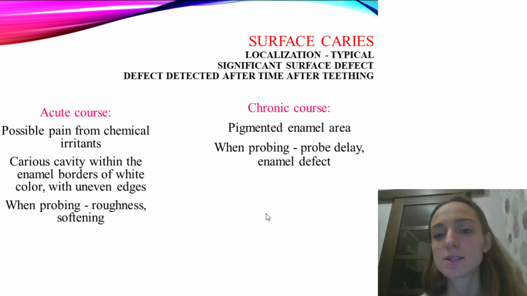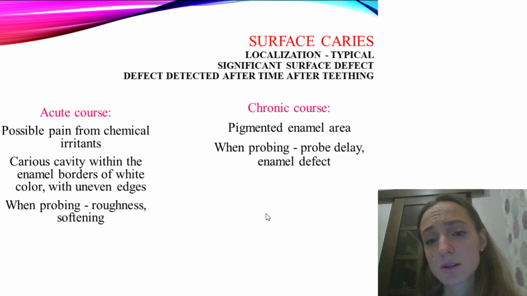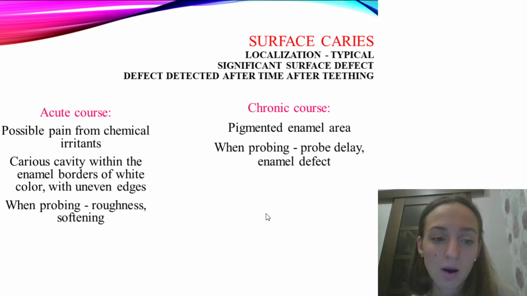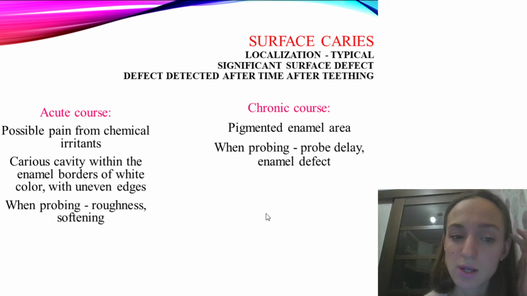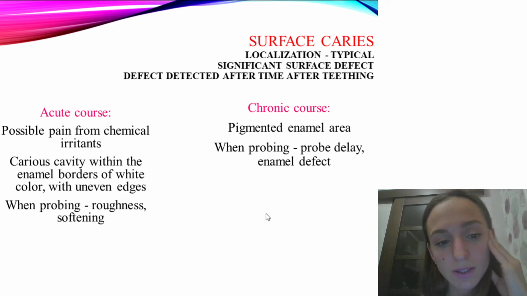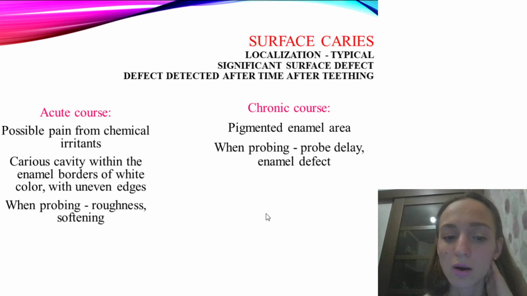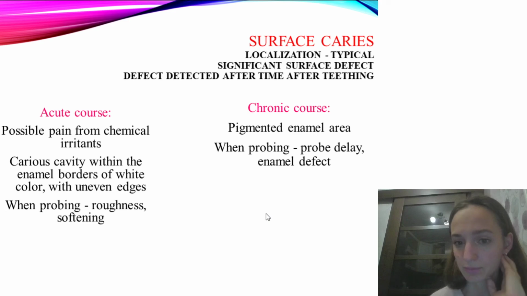Surface caries: localization, typical significant surface defect, and defect detected after teething. So, acute course: possible pain from chemical irritants, caries cavity within the enamel, white color with uneven edges, when probing roughness and softening.